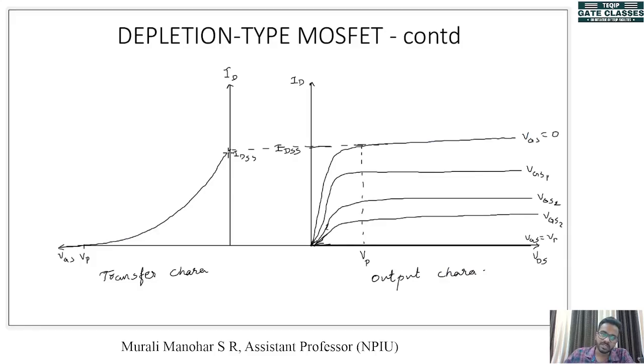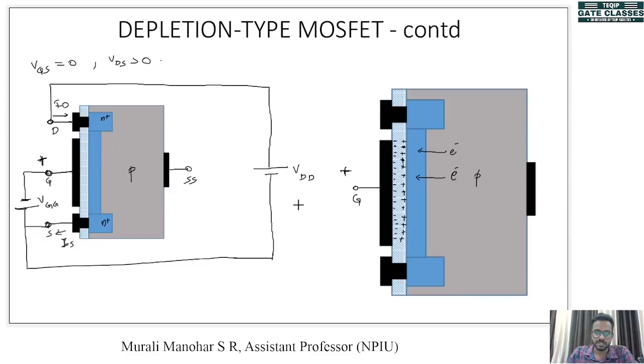Current will also increase, and in this case current can go beyond IDSS, and the output characteristics will look like this. Now there is the power constraint of the particular MOSFET. We cannot increase the current beyond a limit. Anyway, there is an increase in current beyond IDSS if we give positive VGS.